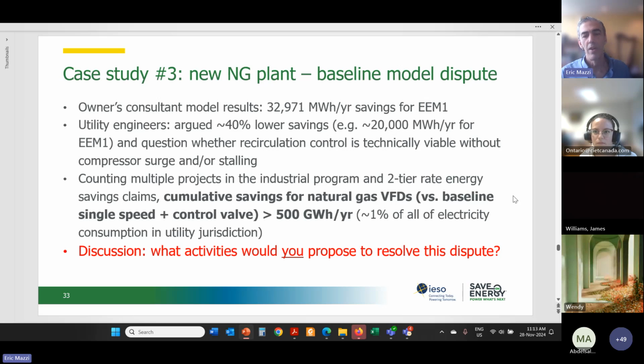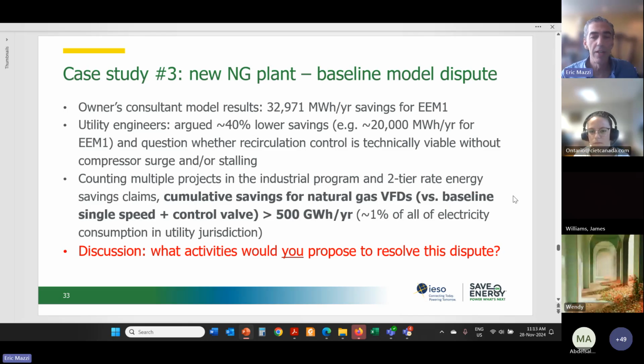Okay, so we're really just about done here. One thing I'll say, and this is just to have some discussion: there's been a lot of projects I've been involved with, say, these natural gas plants. I'm here in British Columbia, and there's a lot of that activity.